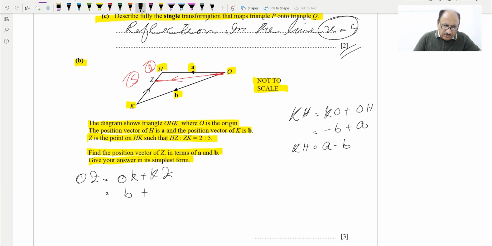Now KZ is 5 over 7, and the remaining portion will be 2 over 7. So we are taking 5 over 7 of KH, which is a minus b.